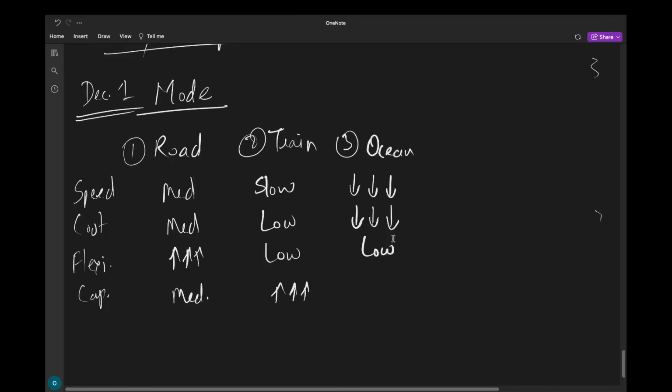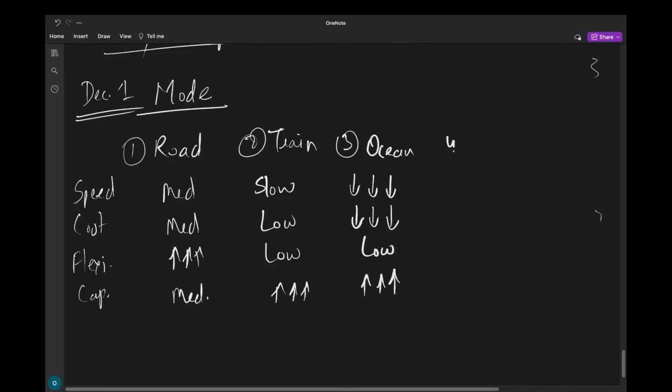You can't stop a vessel here and there. And the capacity is extremely high, very high capacity. One vessel can contain hundreds of truckloads.